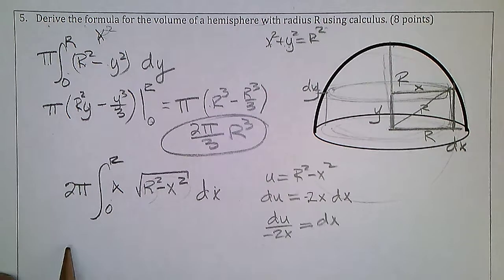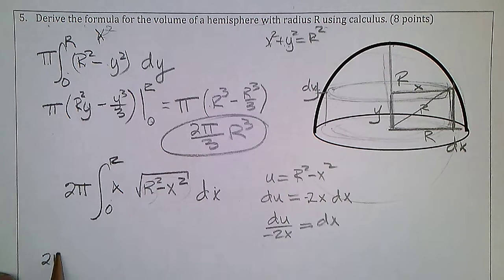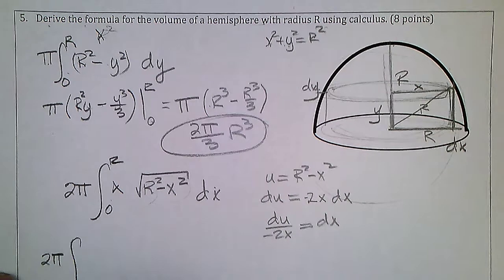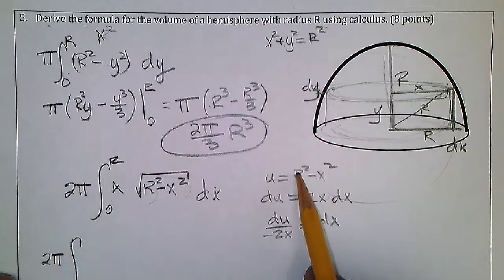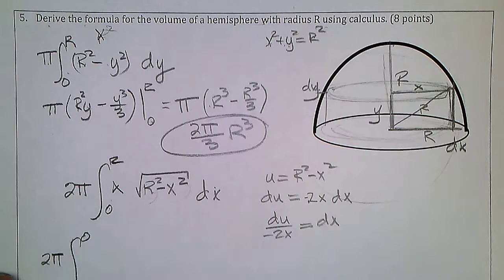So I'm going to have 2 pi integral from, I'm changing to u, so if I put 0 in for x, I get r squared. And if I put in r, I get r squared minus r squared, which is 0.